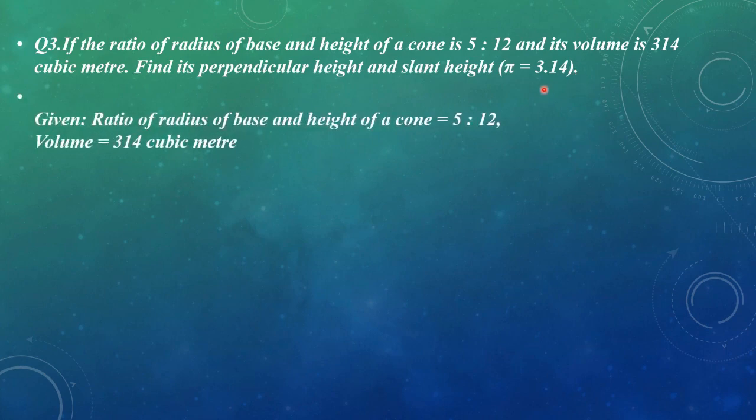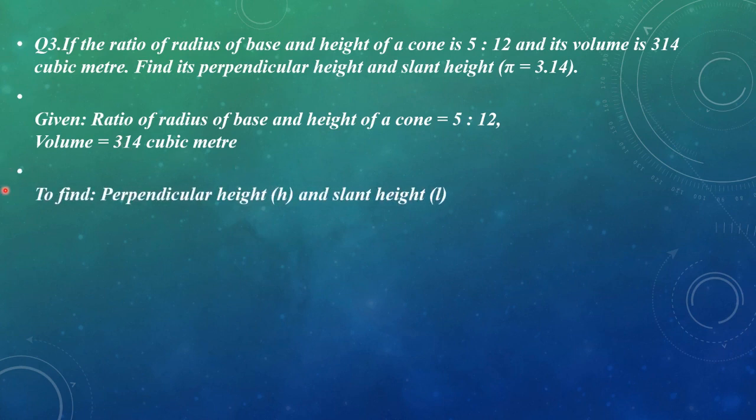Given is ratio of radius of base and height of a cone is equal to 5:12 and volume is given as 314 cubic meter. We have to find the perpendicular height h and slant height L of the cone.